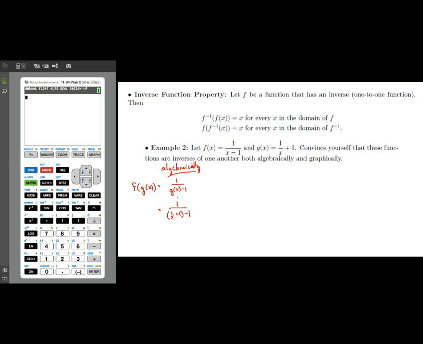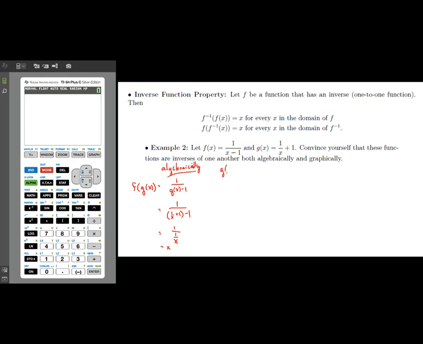Right, so I'm plugging the formula for g of x in for g of x here. But then 1 minus 1 is just 0, of course, so it's 1 divided by 1 over x. But we know that that just equals x. Okay, so when I compose them that way, I get x back just like the inverse function property says I should if they are truly inverses.